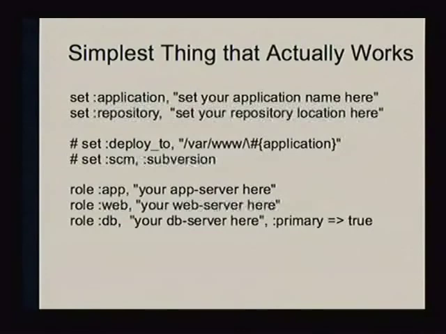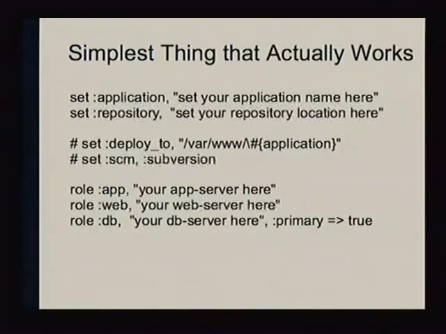That Capfile is your recipe. It's how Capistrano knows where it's supposed to go and what it's supposed to do. To set variables in Capistrano, you use the set command, followed by a symbol, followed by the value. This is relatively familiar for those of you who've used Rake. Lots of other Ruby DSLs look a lot like this. That's because this is easy to do.